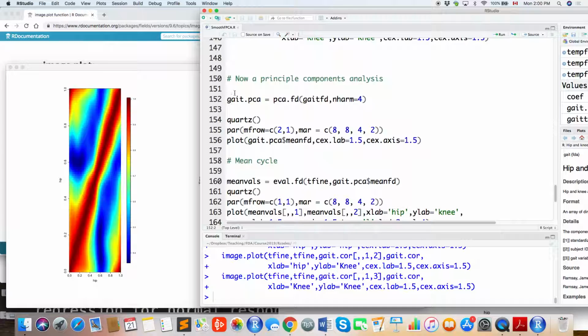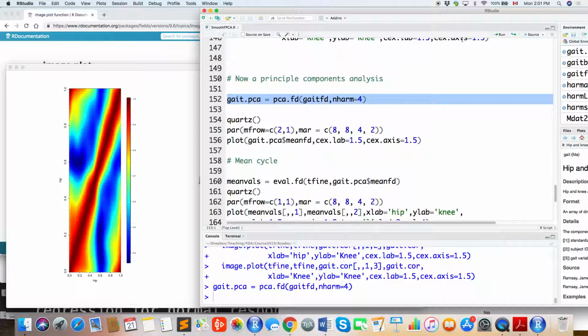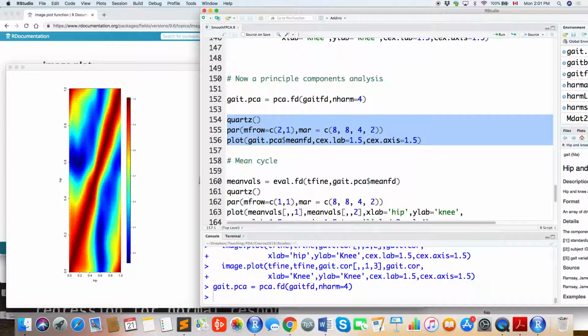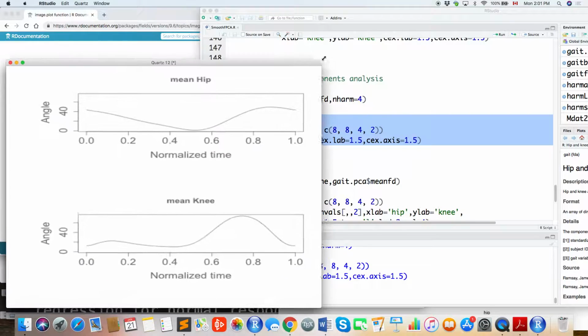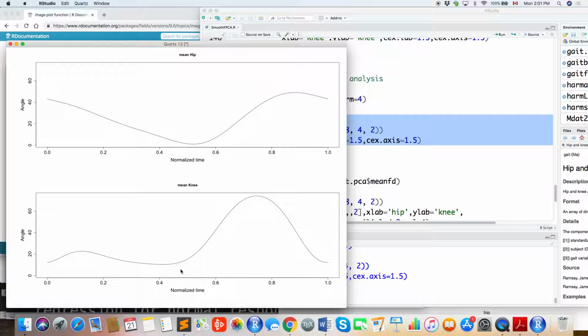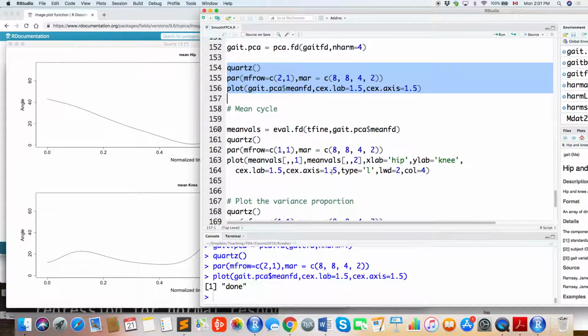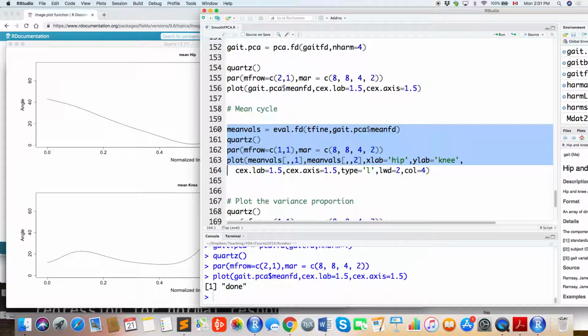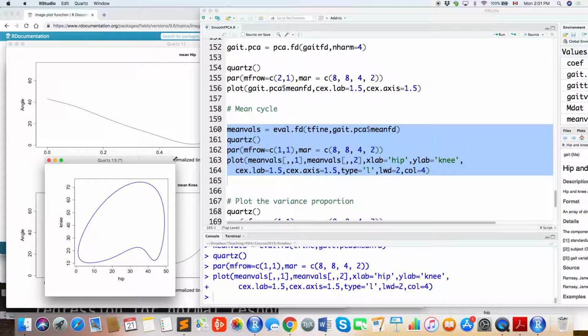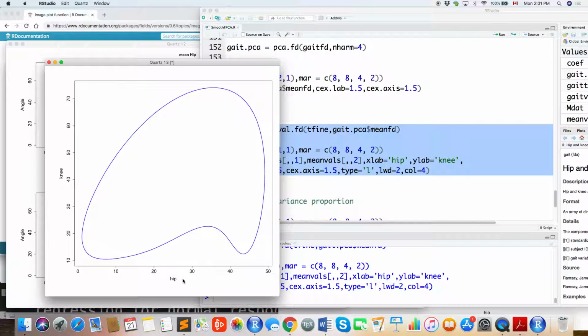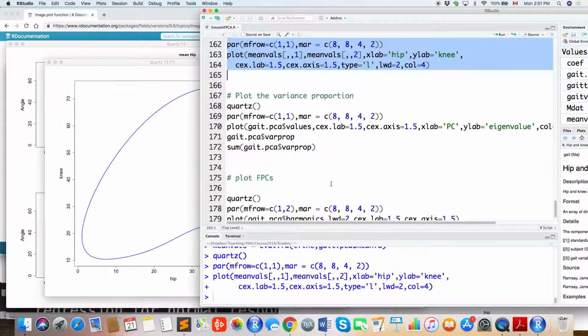Then we do the FPCA on these two variables at the same time, and first we plot the mean curve of the hip angles and the knee angles. So this is the average curve, pretty smooth. We can also look at the phase plot on these mean curves, so this is the mean cycle.